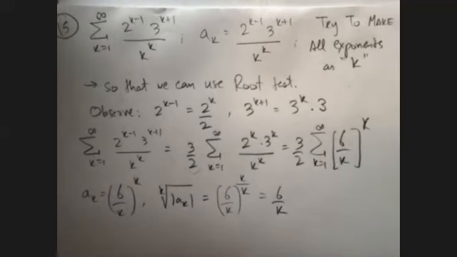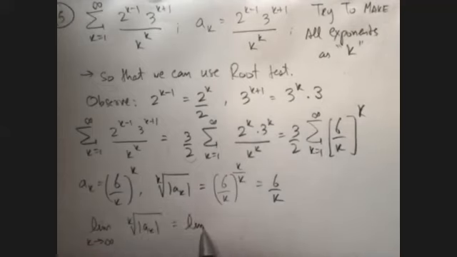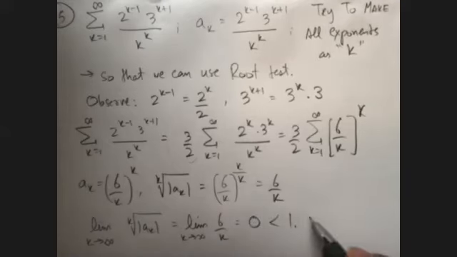So the limit as k tends to infinity is zero, which is less than 1, which implies convergent.